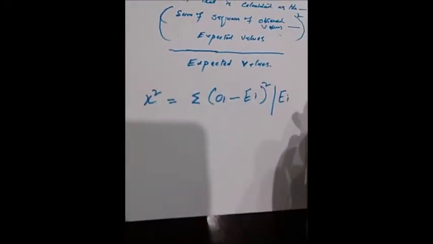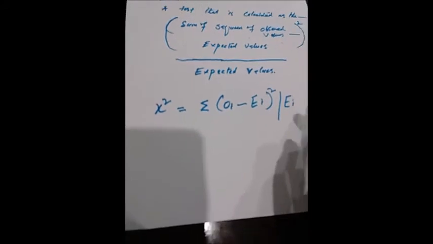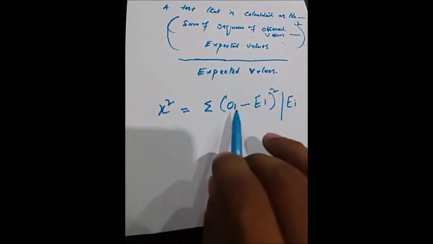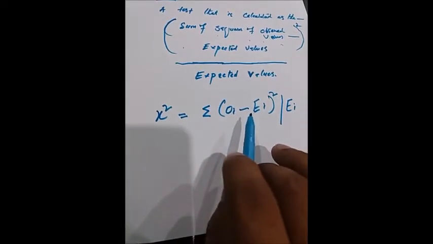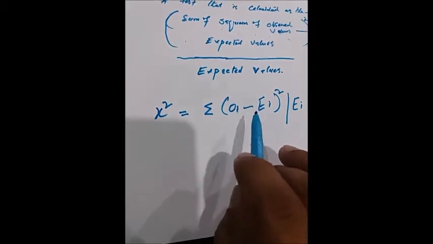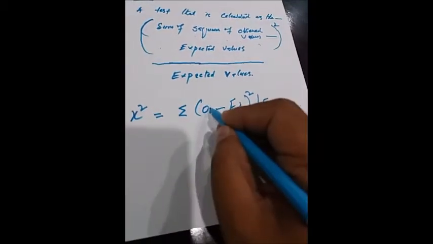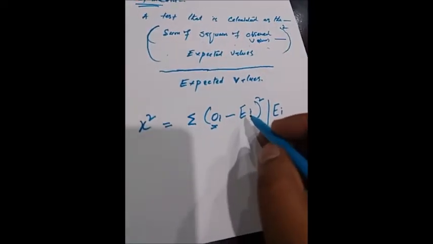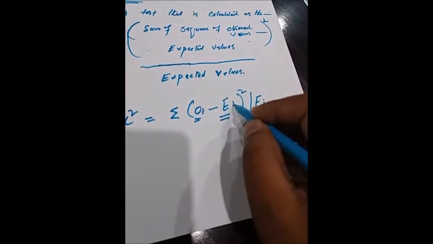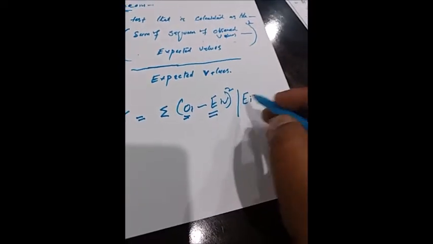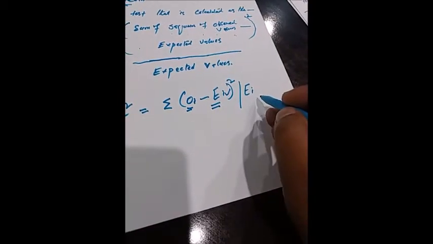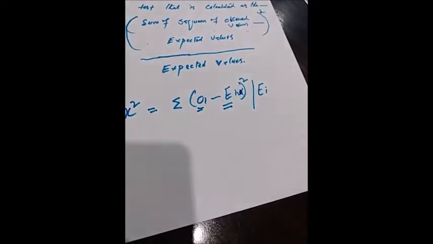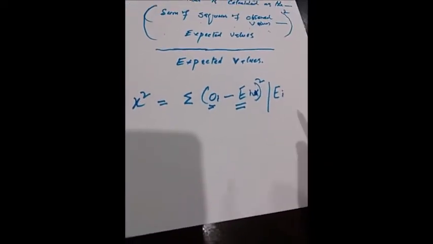So the mathematical interpretation is that the chi-square test is equal to the sum of (OI, which means the observed frequency from the ith category, minus EI, the expected frequency from the ith category) whole square, divided by EI. Okay, so this is the general formula for the chi-square goodness of fit test.